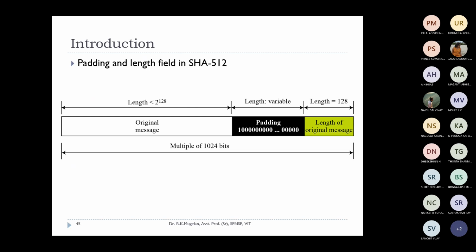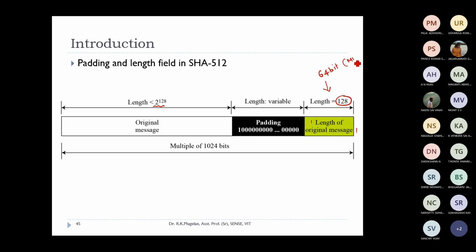So again, the padding and the length field use a similar method to what we just saw with the MD4 family. Here you have your original message which will be less than 2 power 128 bits, and here we are using 128 bits to convey the length of the original message. If you compare it with MD4, there we used 64 bits to convey the length of the message.